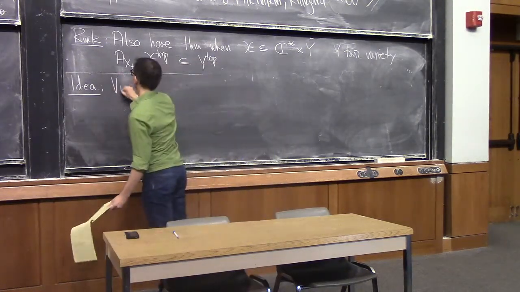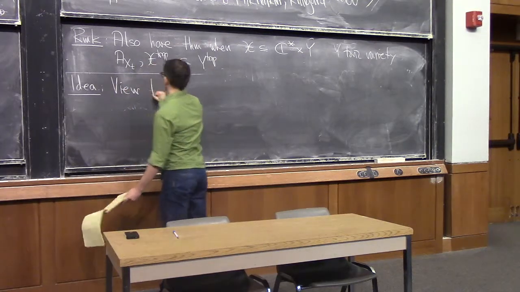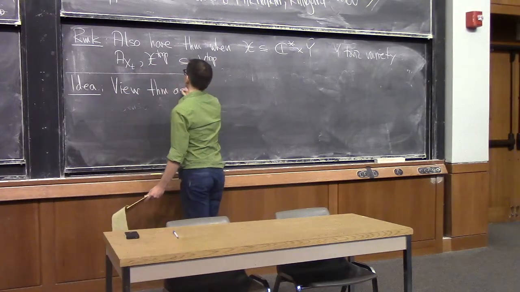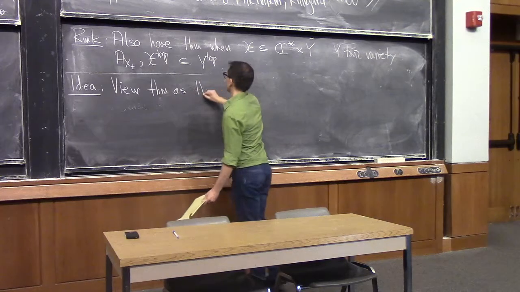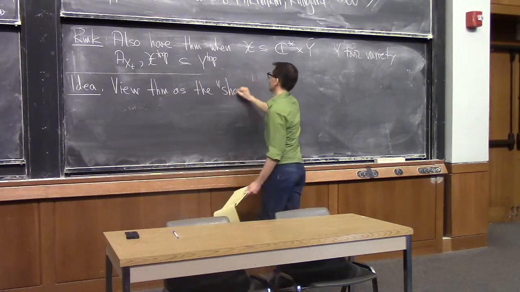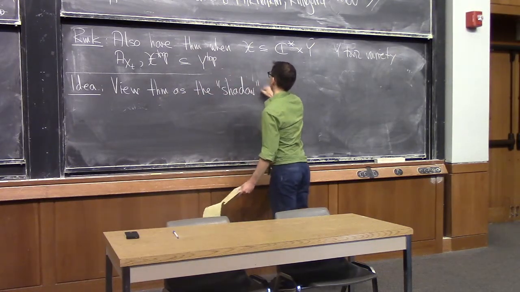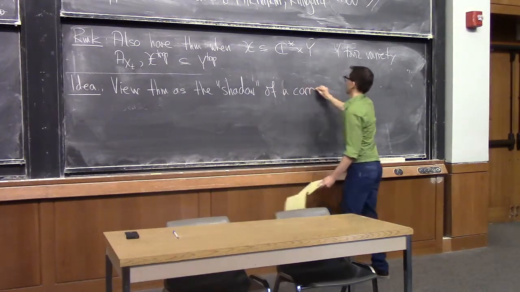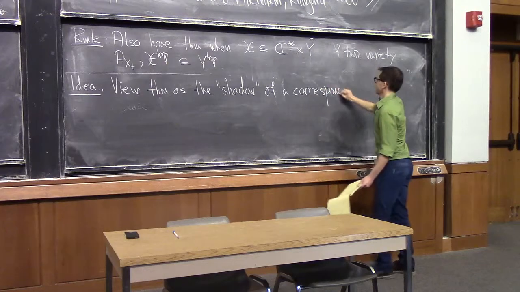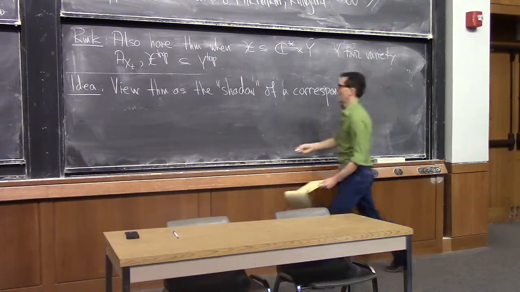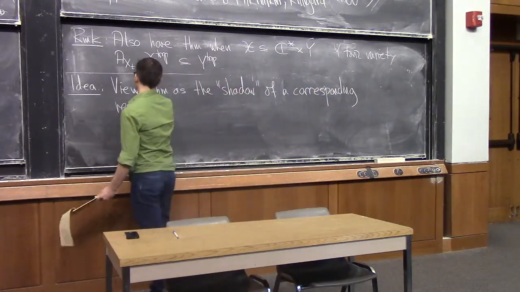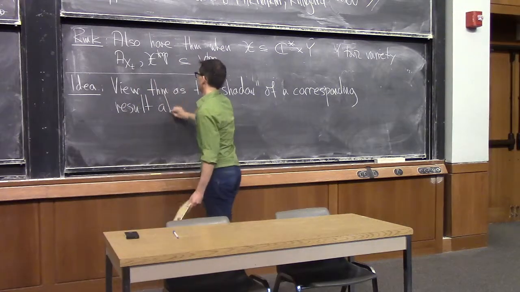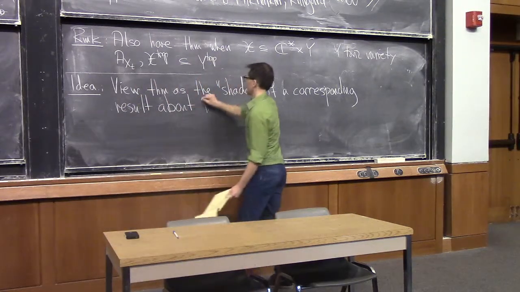So I want to view or deduce the theorem as the kind of shadow of the corresponding result about Berkovich space.